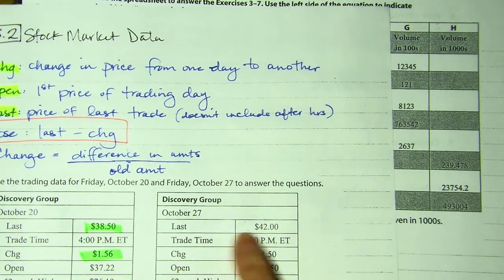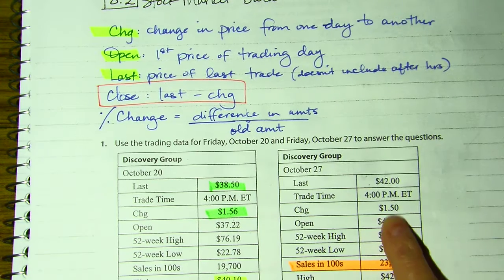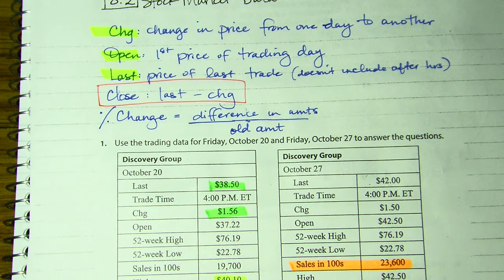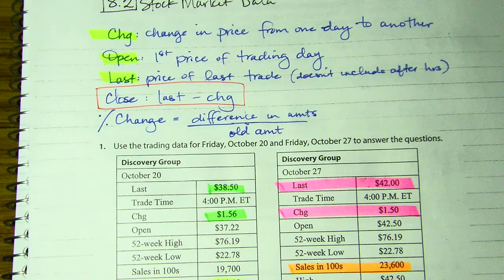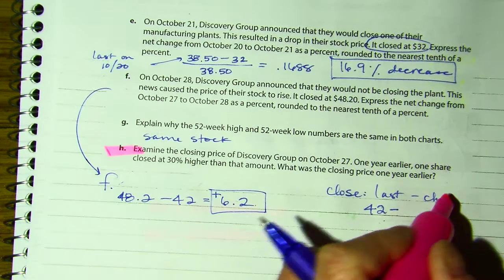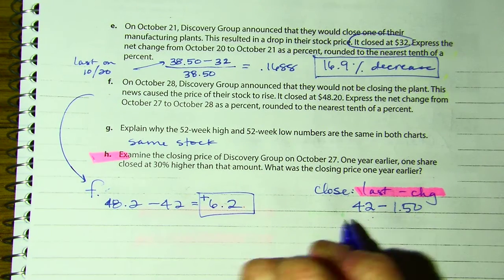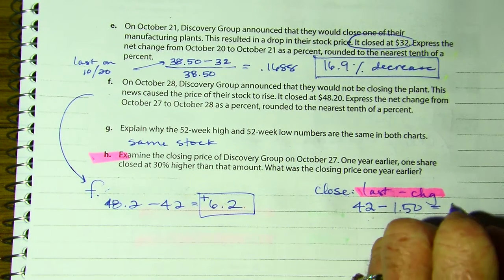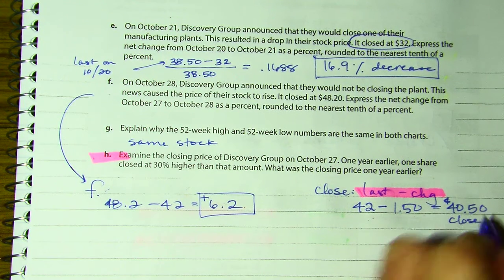And so the last on October 27th was 42 minus the change, which was 1.50, and I'll put that here. So 42 minus 1.50, the closing would be 40.50. This would be the closing.